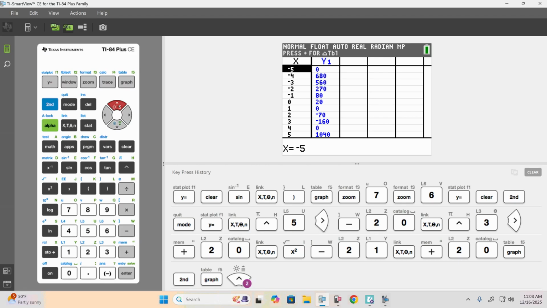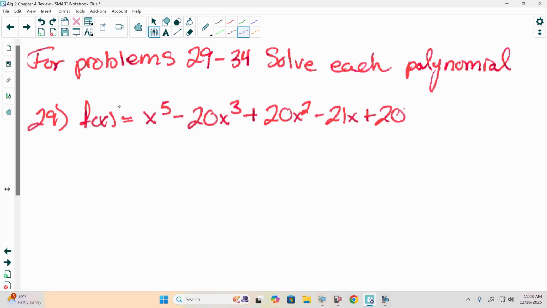Second graph gives us the table. Graph just gives us the graph. And again, we're looking for the values of x that make the function equal 0.